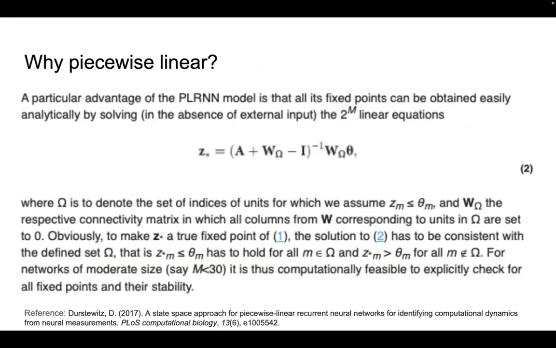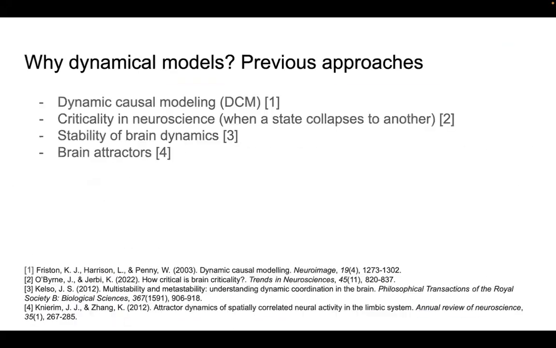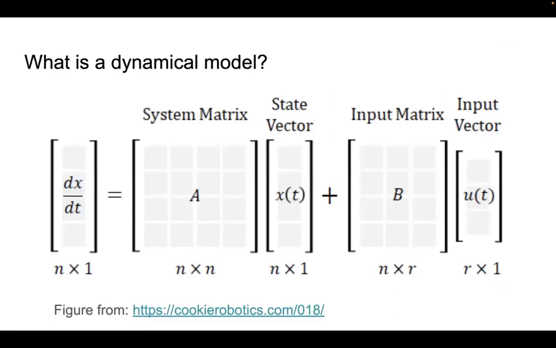If I go further in here, this is an example of a dynamical system. This would be Z1, Z2, and Z3, and over time it'll form this shape. In a linear case, you can visualize it as a matrix A that determines how each vector affects each other vector's trajectory.